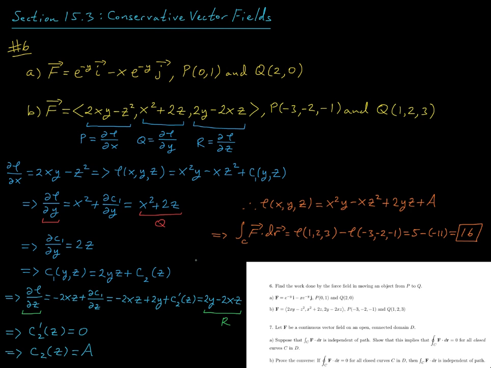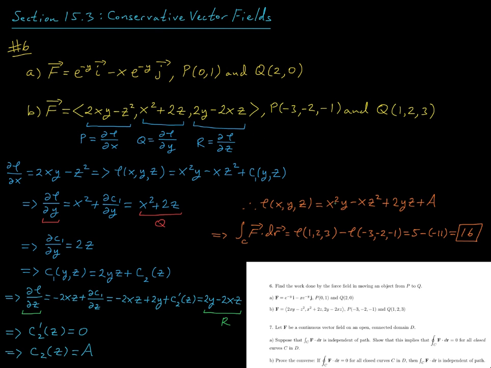The other comment I want to make here, though, is that this is a very systematic way to go about finding this potential function. But it is pretty tedious and it's easy to get a little lost in some of these details. Another option here, especially for a vector field whose component functions are not terribly complicated, you might be able to just guess, using the fact that these are all polynomial functions.